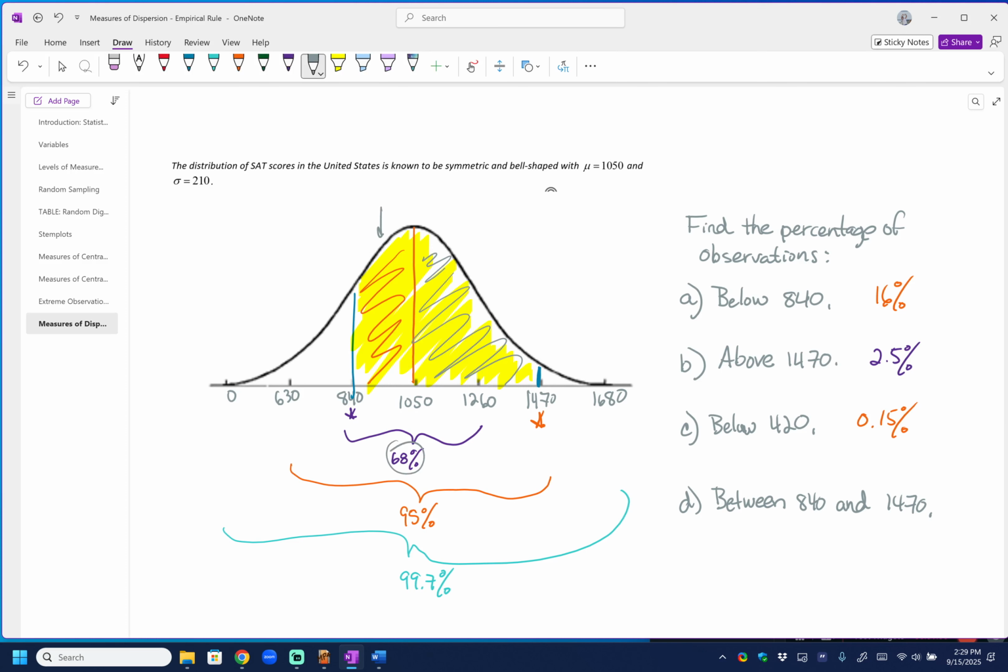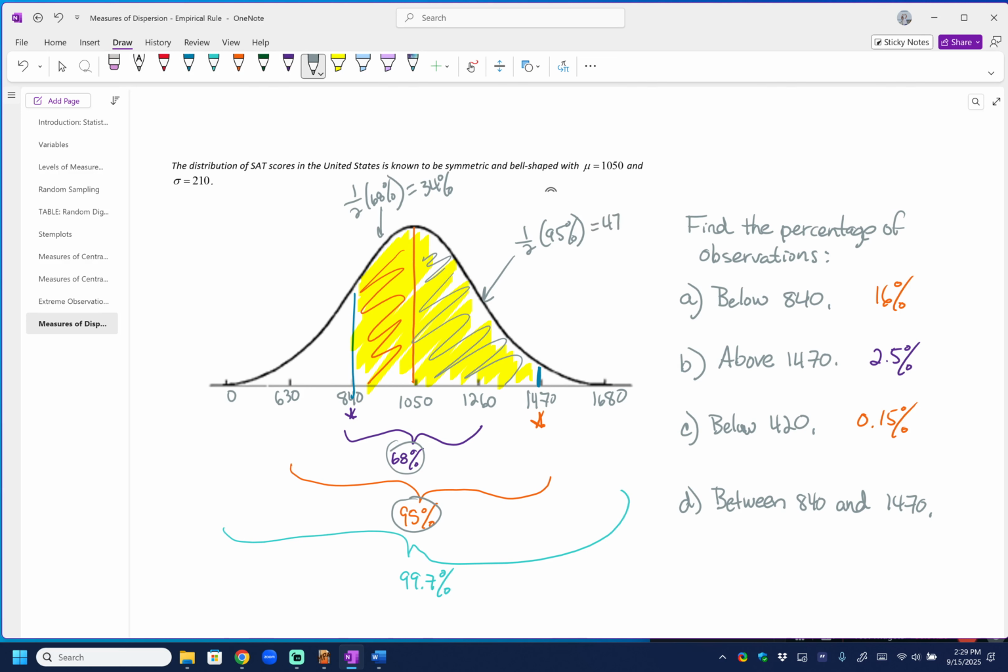So half of 68%, right, is going to give us 34%. Whereas this region over here is going to be half of our 95% because of symmetry. Half of 95 is going to give us 47.5%.